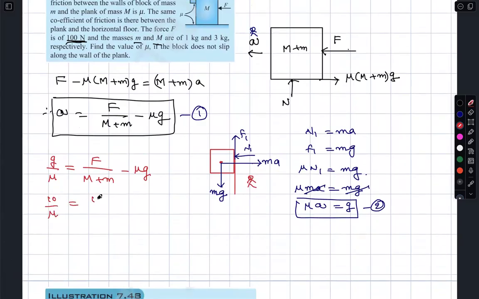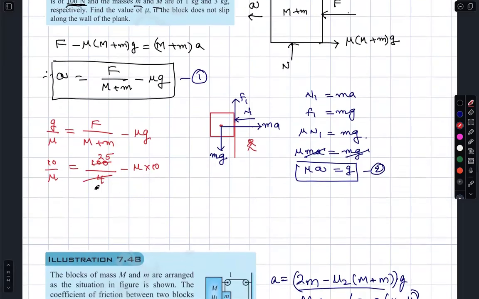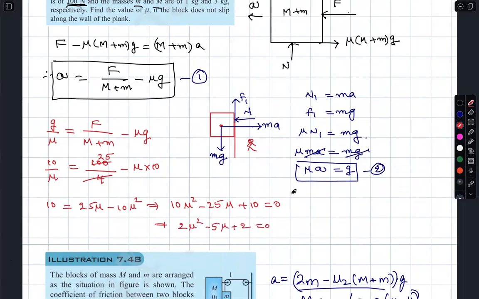F 100. Capital M, small m, 1 and 3. Now multiply both the sides with mu, which implies mu is a quadratic.